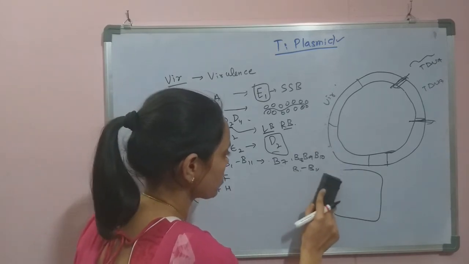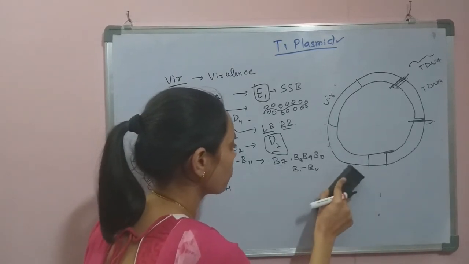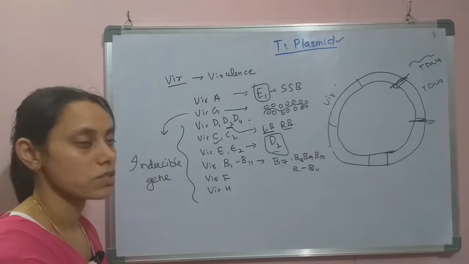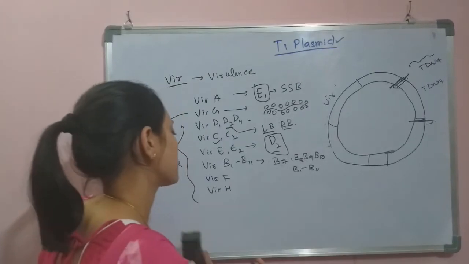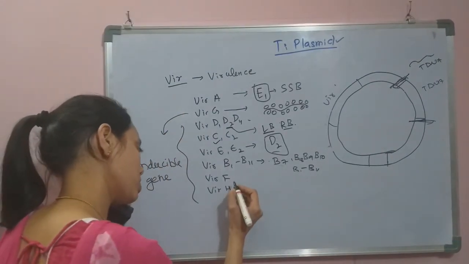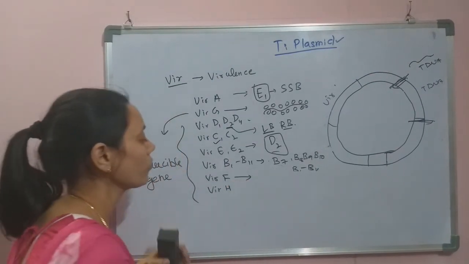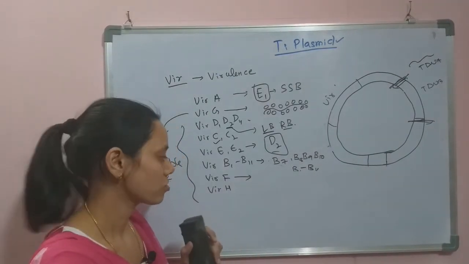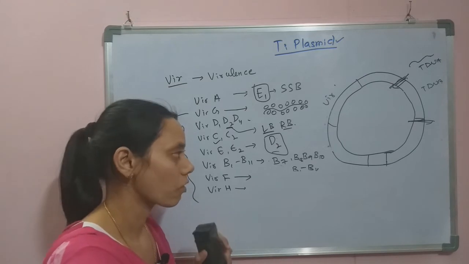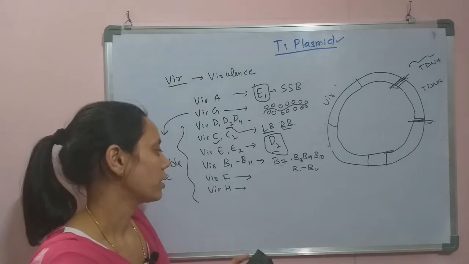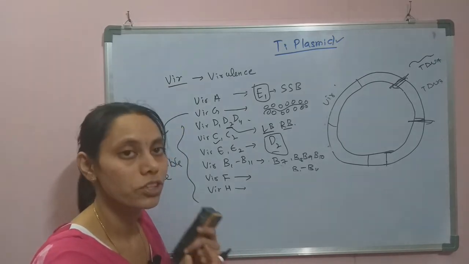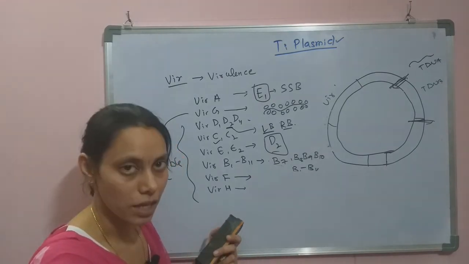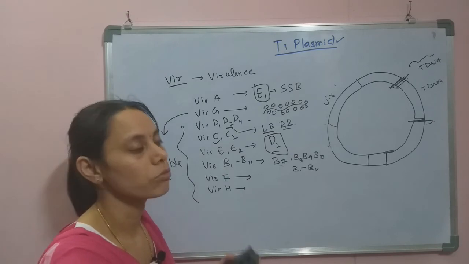So it forms a protein channel through which this tDNA will be transferred from agrobacterium to the plant cell. Coming to the remaining genes, the F and H genes: their functions are not very well discovered, and these two may increase the efficiency of tDNA, and they may also be involved in the transfer of tDNA from agrobacterium to plant cell.